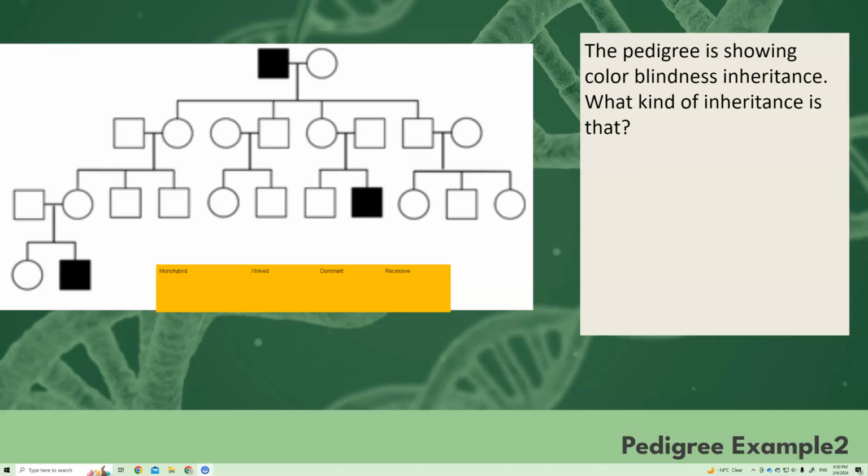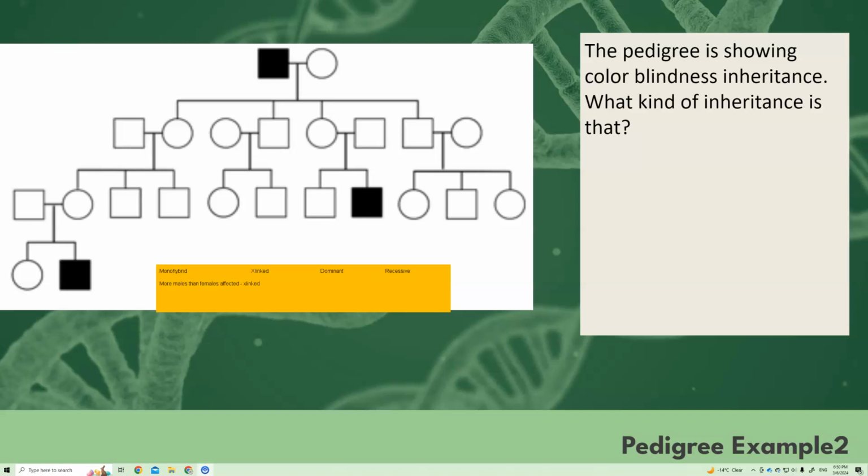So right now, I'm leaning towards X-linked being my answer, because we talked about X-linked showing more males than females affected. You can write that down, and you can write that that means it is X-linked.